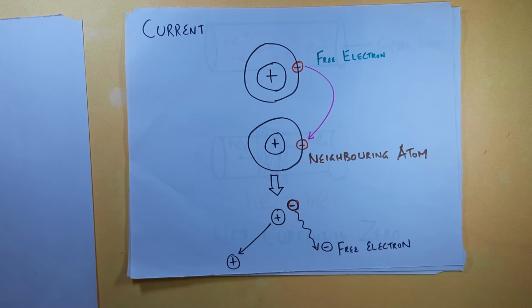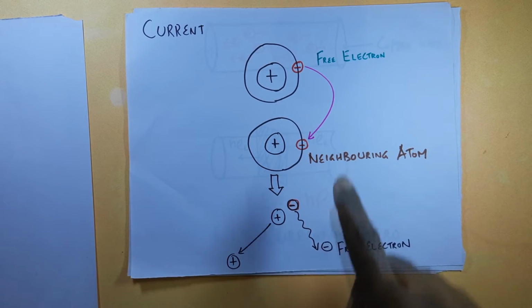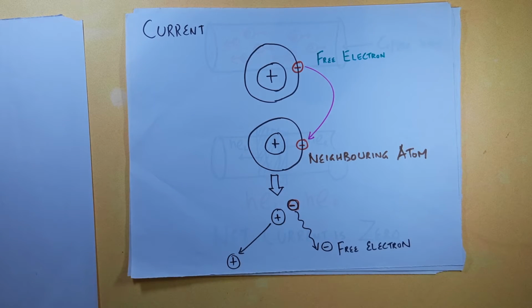With an external stimulus like temperature, this free electron can leave the parent atom and it can move to the last shell of the neighboring atom.